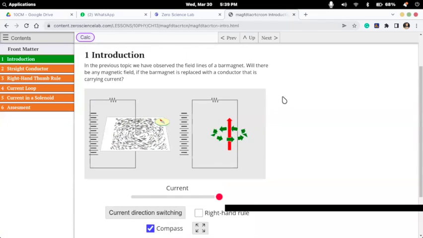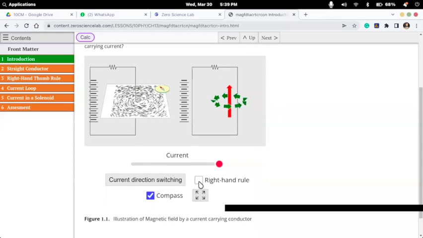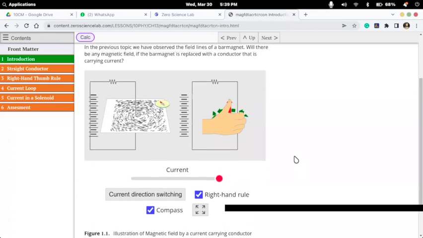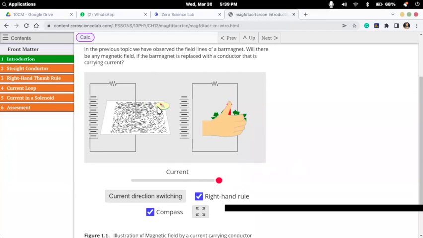Who is the person who first observed all this? Sir, I did not get you, sir. Do you remember the name of the person who identified this one? Fleming, sir? Fleming?